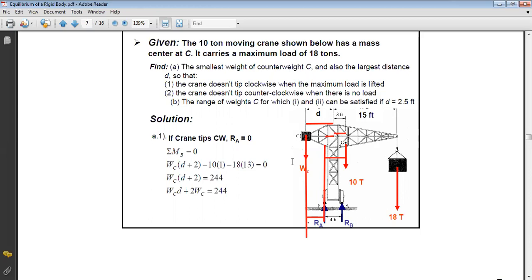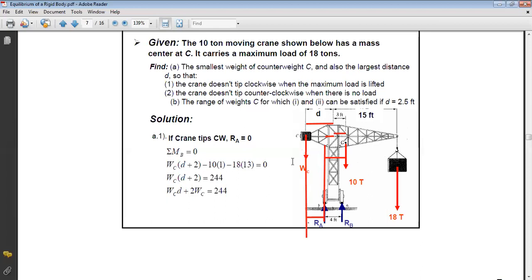Now, if I fix D, I can have a range of weights I can use. The range will depend on the two critical conditions. I choose the minimum weight to not have tipping over when I have zero load, and the maximum weight corresponds to the condition to not have tipping over when I have maximum load.